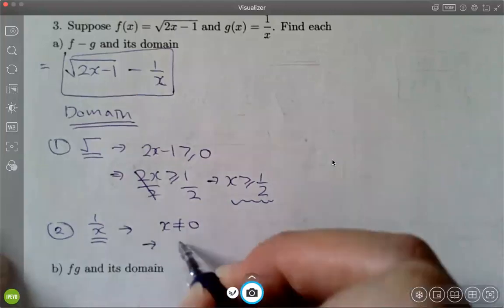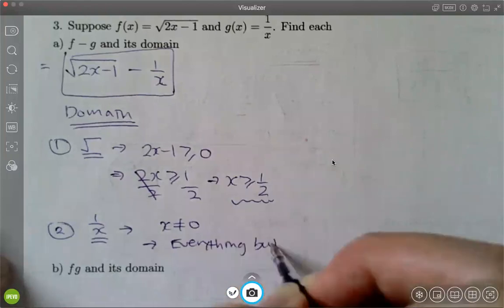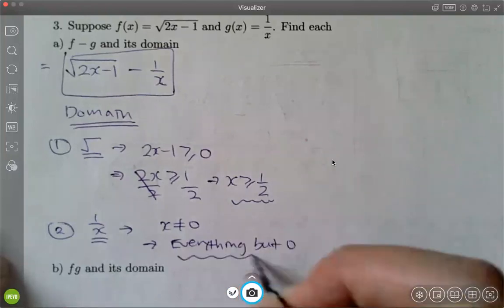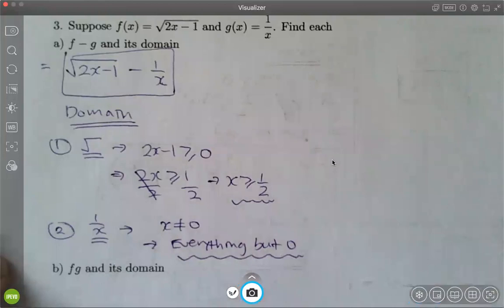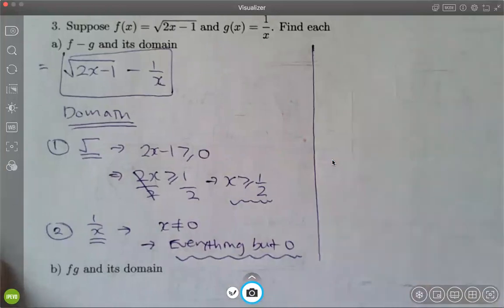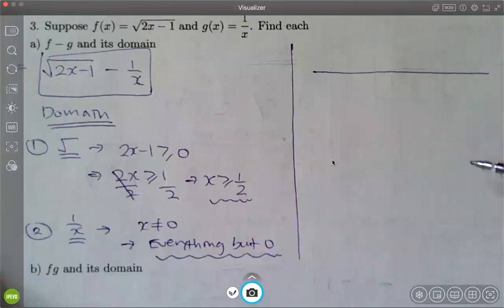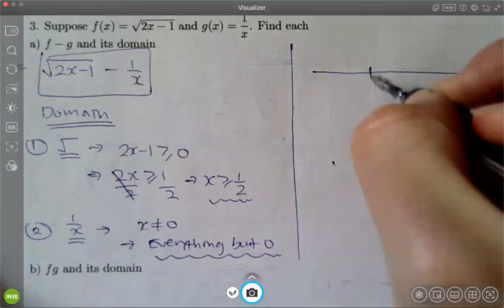It's everything but 0. That's the domain for the 1 over x. Okay, so now on the number line, let's try to see what's going on. So here is 0 and here is 1/2.